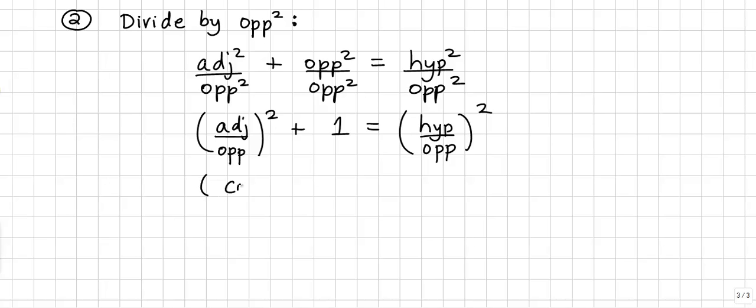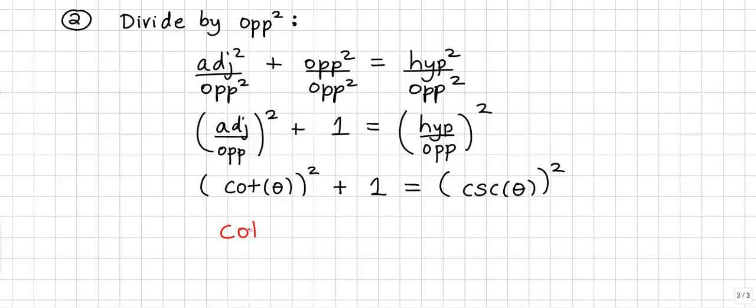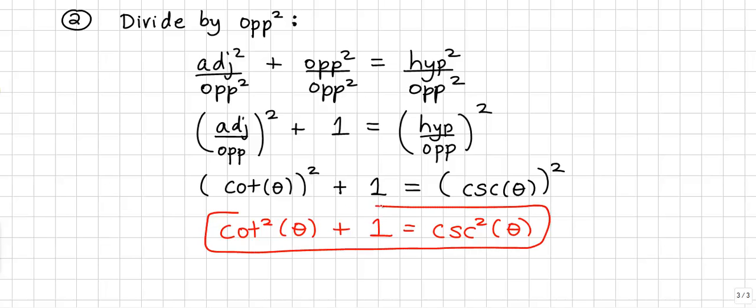And then, of course, adjacent over opposite is the actual definition of cotangent of theta, plus 1 equals hypotenuse over opposite, and that is the definition of cosecant of theta, and they're quantity squared here, which again we can write in a shorthand manner that looks like this: cotangent of theta squared plus 1 is cosecant of theta squared. Okay, so we get our second identity.